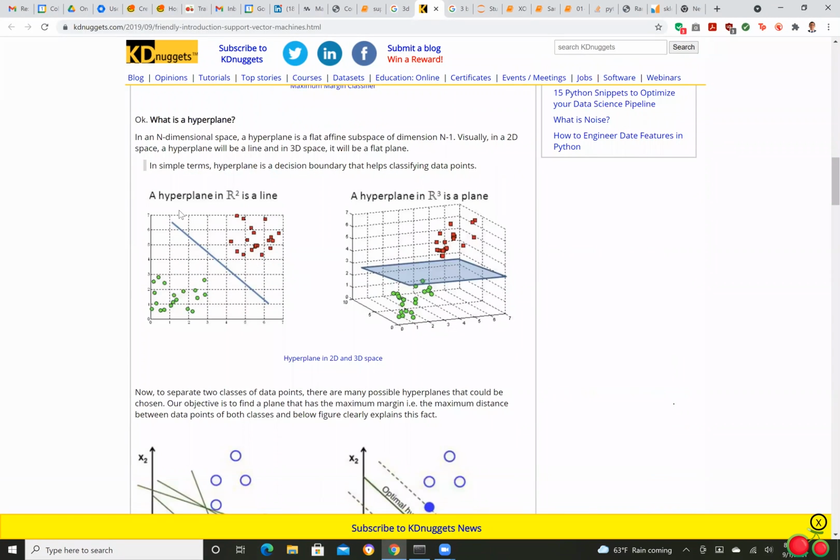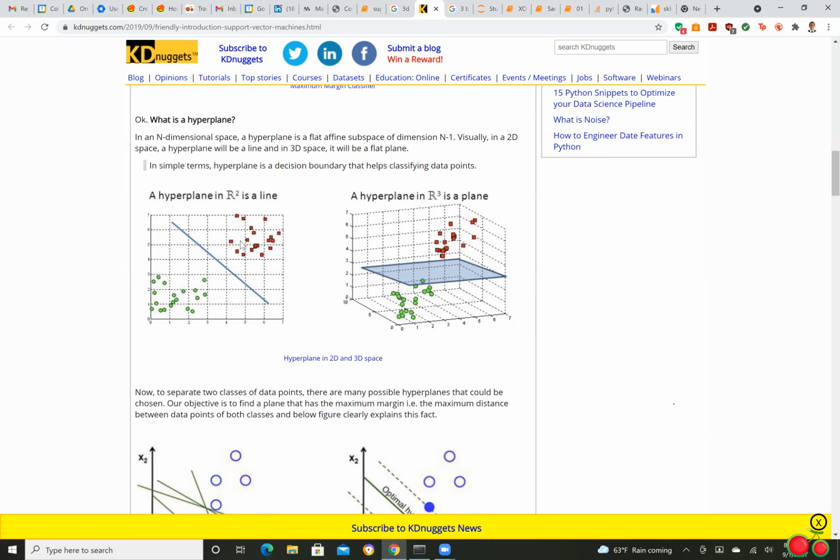Here, a hyperplane in R squared, meaning a two-dimensional space, is a line. A hyperplane in R cubed, which is a three-dimensional space, is a plane. So you see it's a plane instead, separating these two groups of data points, because this is a three-dimensional space.